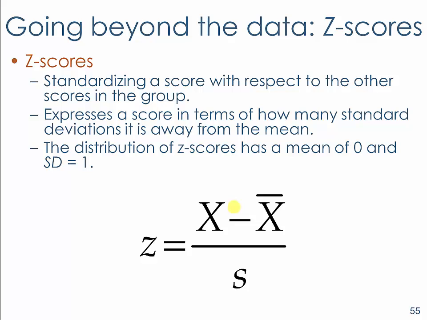And the first thing that we do is we center the data around 0, and to do that we could take each score or each observation, x, and subtract from it the mean of all the scores, the x bar. That's what we're doing right here in the numerator.